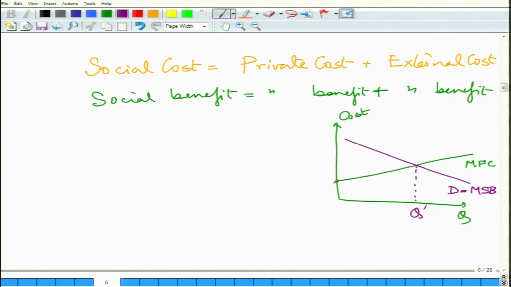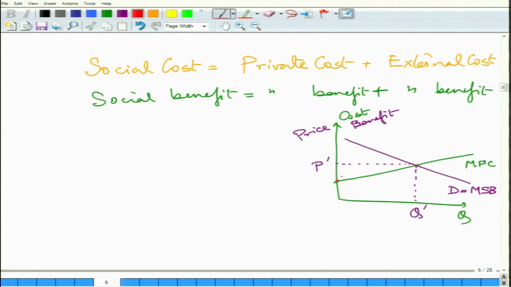So apart from cost and benefit, I will also keep price here. When the external cost hasn't been considered, the price that the inefficient market, or the polluting industry, sets is not P star, it is P prime. So initially they will produce here.